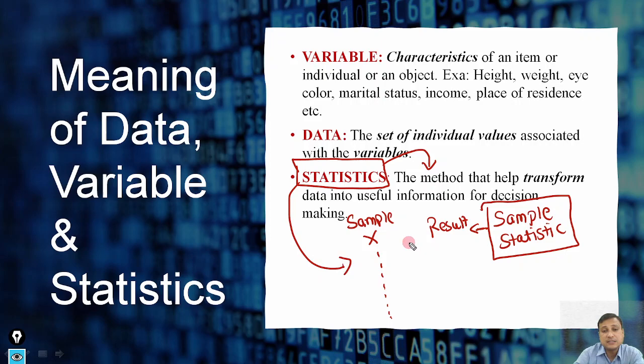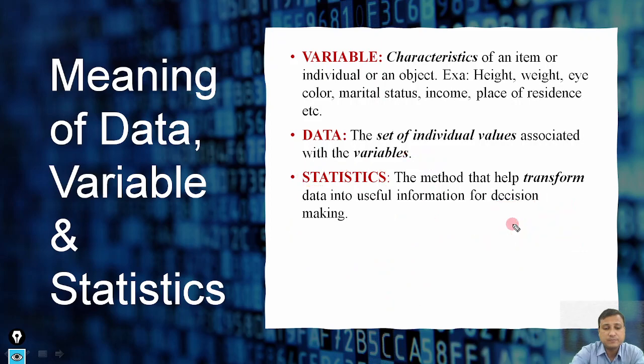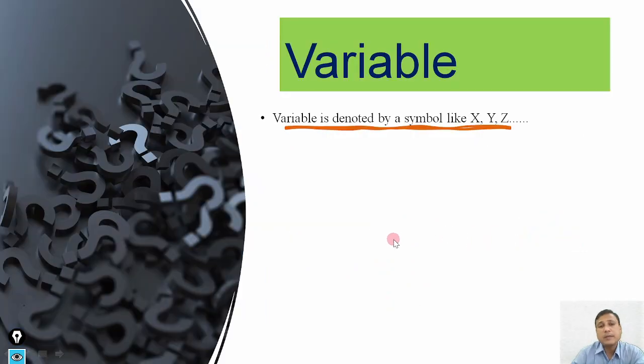Using this statistics, we will get some useful results, and those results are known as a sample statistic. So please don't get confused between these two terminologies. Statistics is somewhat different than the sample statistic, and this part we have already seen in the previous lecture. Statistics is simply the method by which we transform data into useful information, and sample statistics are simply the results out of samples.